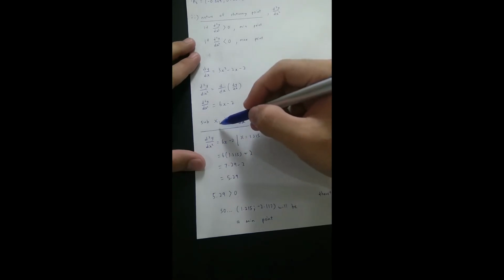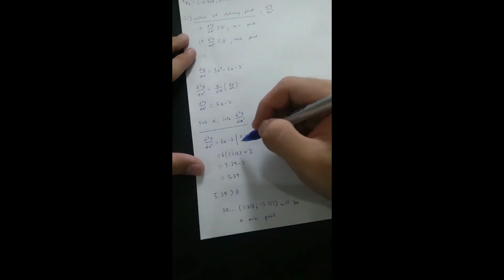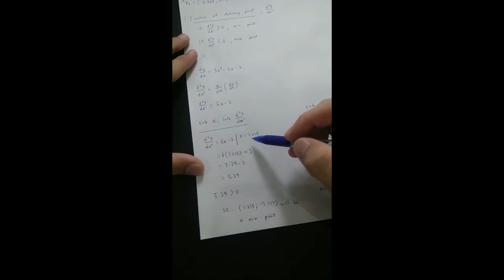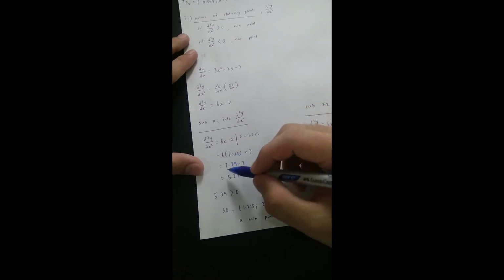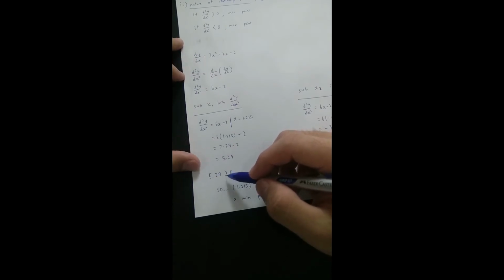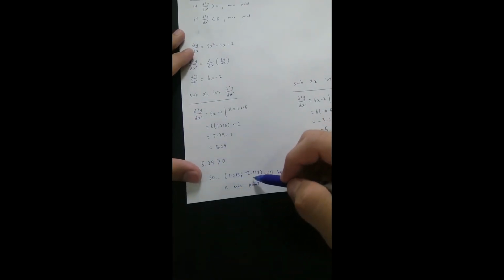Then we substitute the x value of the first coordinate into the equation. 6x minus 2, where x is 1.215: we get 7.29 minus 2, which is 5.29. This is a positive value, bigger than 0, which is a minimum point. So this turning point coordinate will be a minimum point.